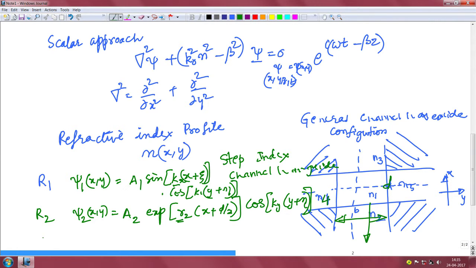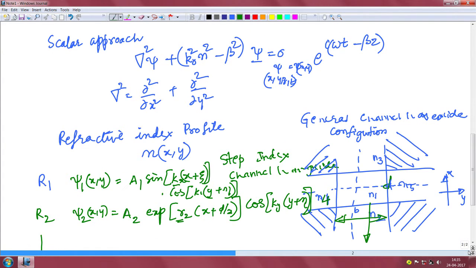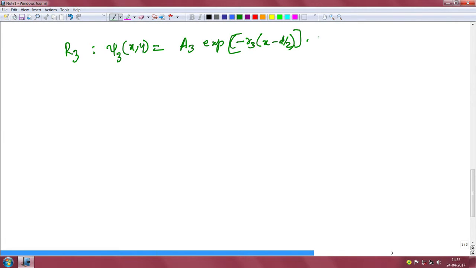Similarly, I will write for the other regions. R3 is the region 3 where we have psi 3 of x comma y given by A3 into exponential minus gamma 3 x minus d by 2 multiplied by cosine ky y plus eta.